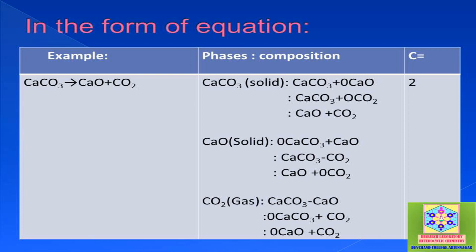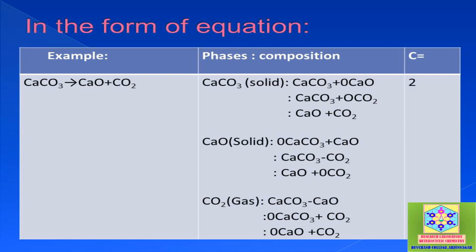For example, if we take these 2 formulae, CaCO3 and CaO, to express this system, we can say CaCO3 is equal to CaCO3 plus 0 CaO. The calcium oxide phase can be expressed as 0 CaCO3 plus CaO.